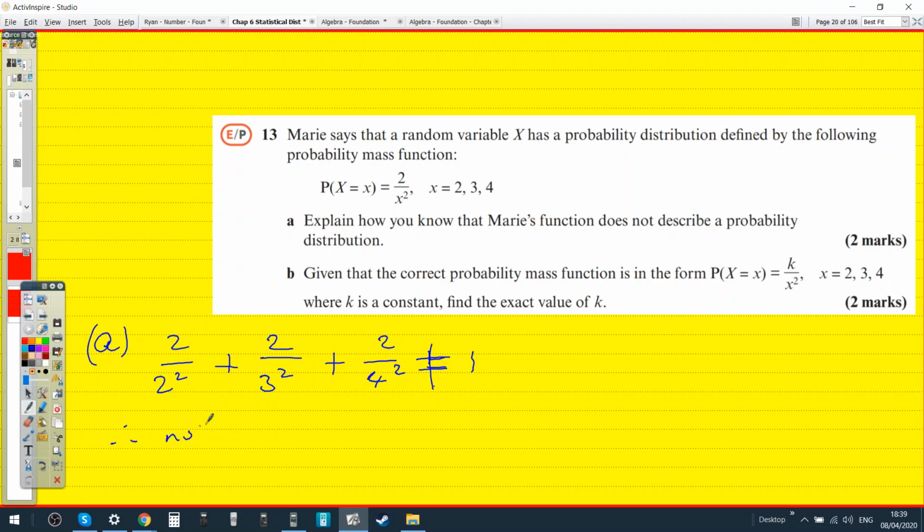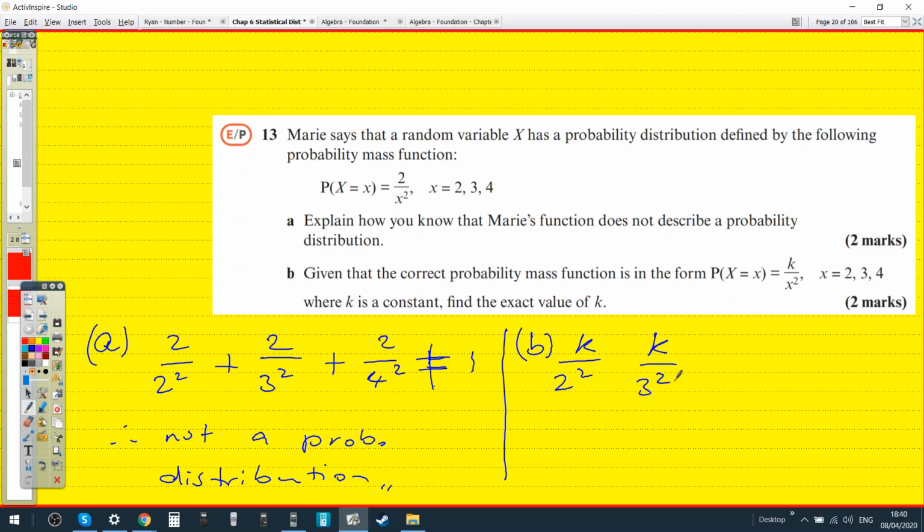And question B. If we had a table, it would only have 2, 3, and 4, and the probability of 2 is k over 2 squared, so a quarter of k, and then k over 3 squared, so 1/4 plus 1 over 9 plus 1 over 16 equals 61 over 144k is equal to 1.